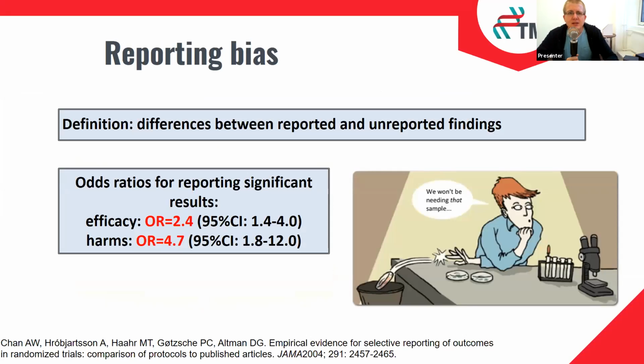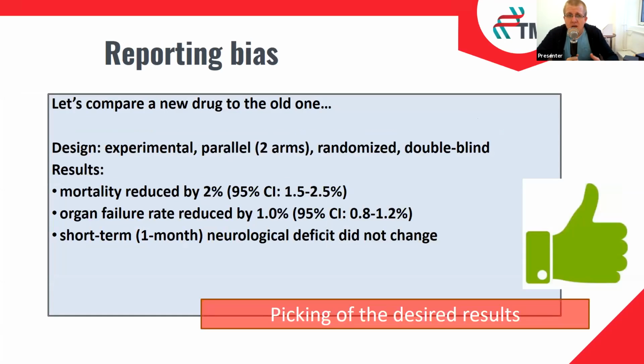Turning to another type of bias, we can talk about reporting bias, very important. It means differences between reported and unreported findings. So for example, we are more likely to report the efficacy of the drugs than the potential harms. Take a theoretical experiment: we have a perfectly randomized double-blind study, so no detection bias, performance bias, selection bias, probably no attrition bias will affect your sample. And the drug reduced the mortality significantly.